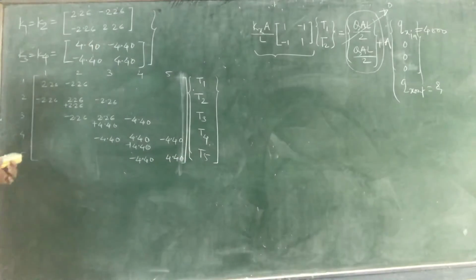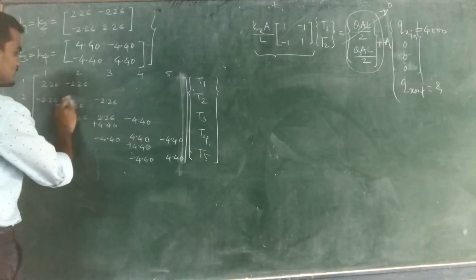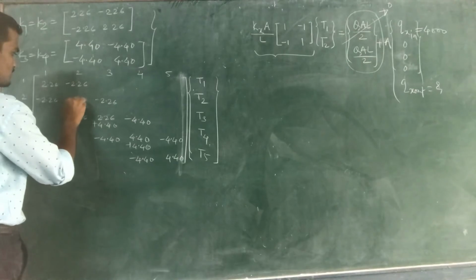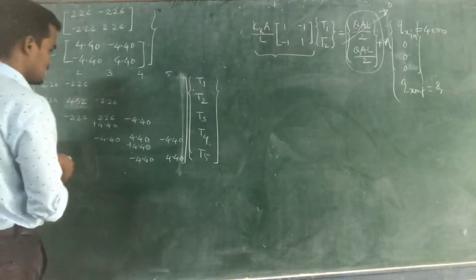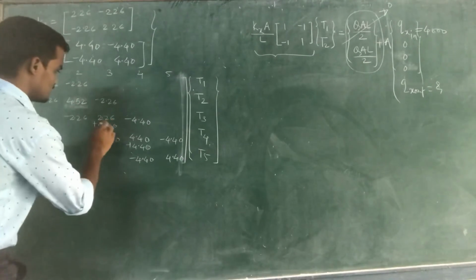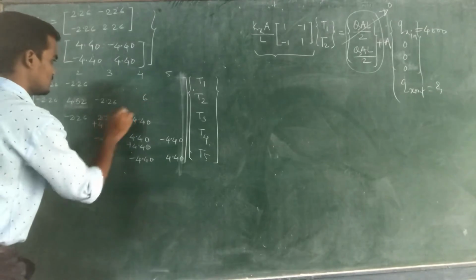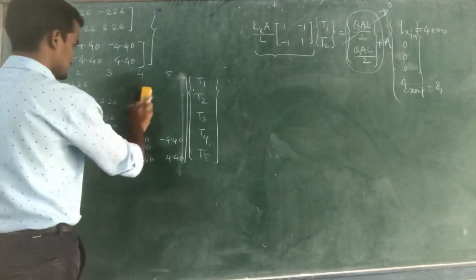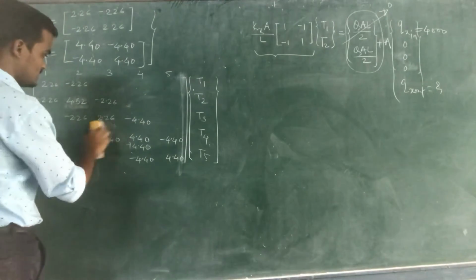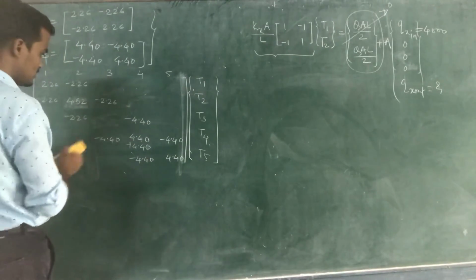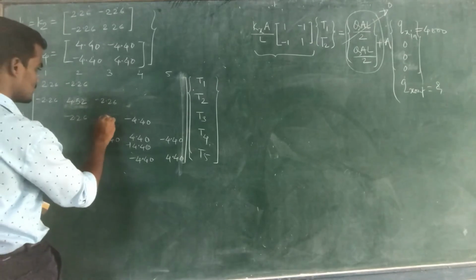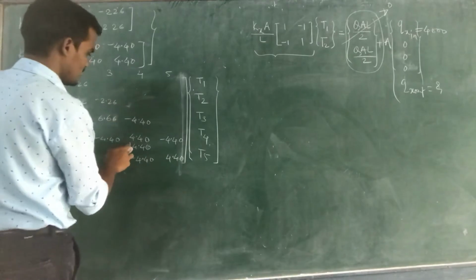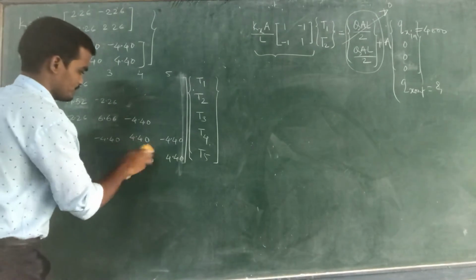Okay, so it will become 4.52. This will become 6.66. This value will become 8.80.